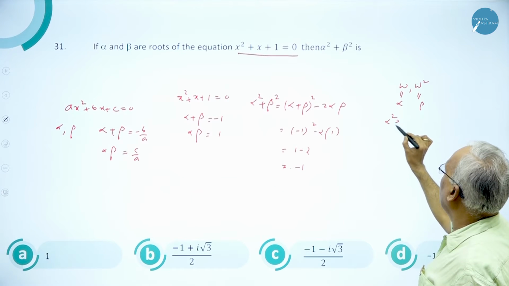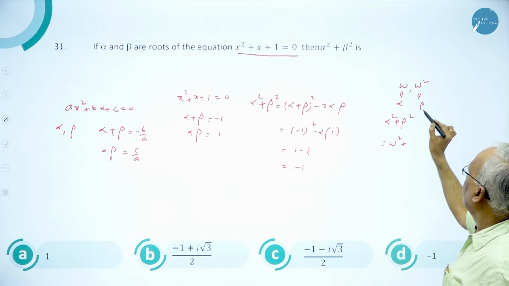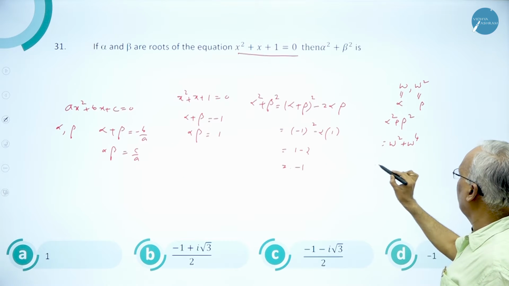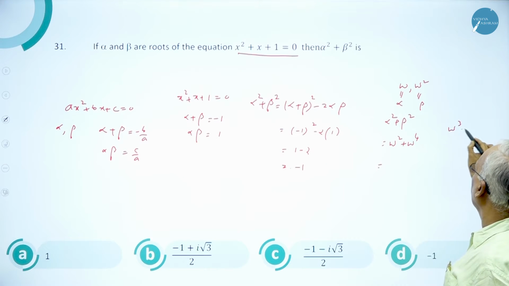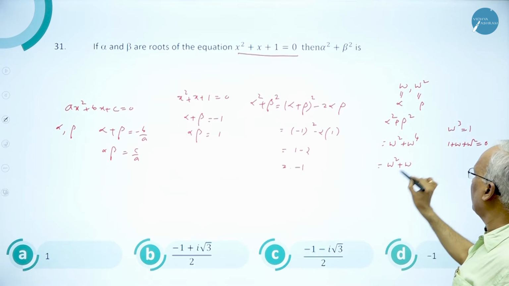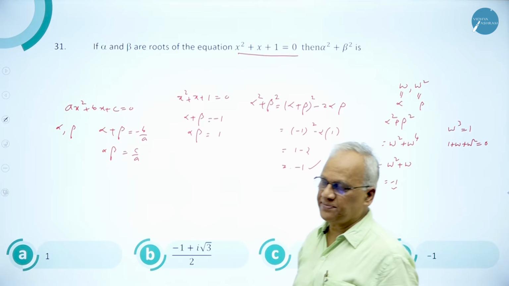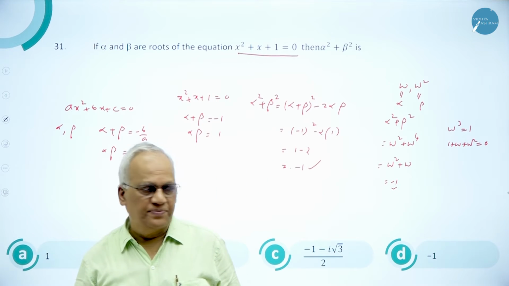Then what is alpha squared plus beta squared? Which is equal to omega squared plus beta squared is omega to the power 4. And you remember omega cube equal to 1 and 1 plus omega plus omega squared is equal to 0. So using that, it becomes omega squared plus omega, which is equal to minus 1. Same result you get. Okay? Right.